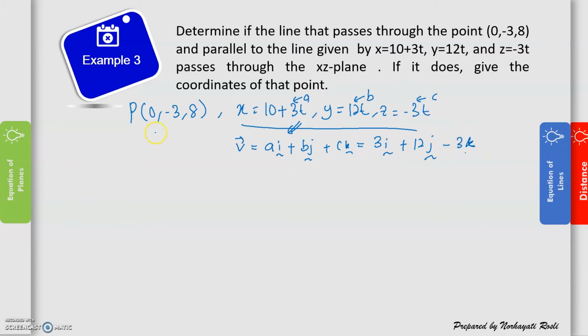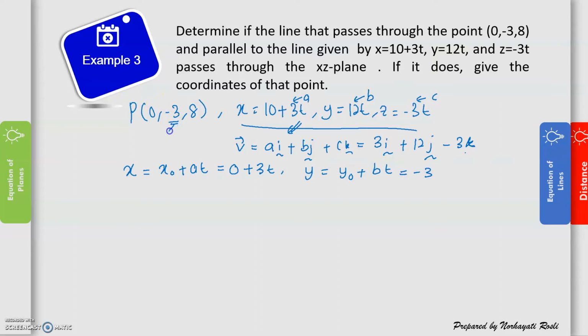From here we can form the symmetric or parametric forms of the equation. If I form the parametric form, I have x = x naught plus at, which is 0 plus 3t, since a is 3. y = y naught plus bt, where y naught is negative 3.